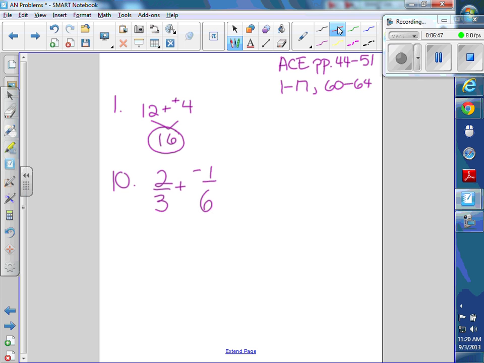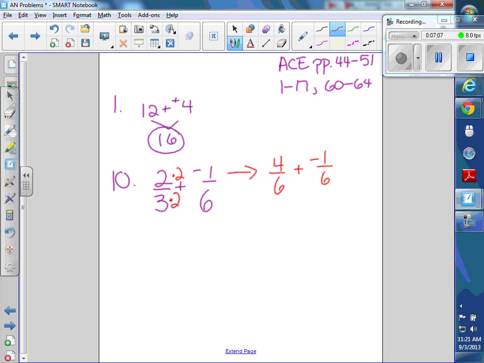Yeah, so Emily, what's the common denominator? 6. So you would just multiply this by what, Emily? 2, and so multiply this by 2. So you're going to show your work tonight? Okay, and then this becomes a new looking problem, 4/6 plus a negative 1/6.